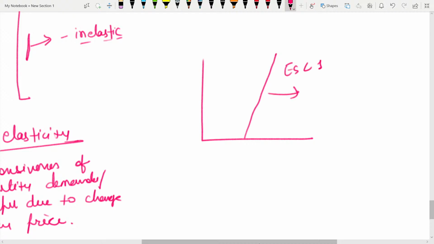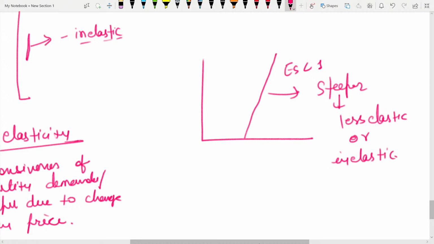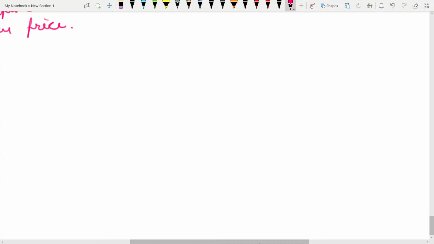That means the curve is steeper, that means less elastic or inelastic. So these are the conditions of price elasticity in different shapes.